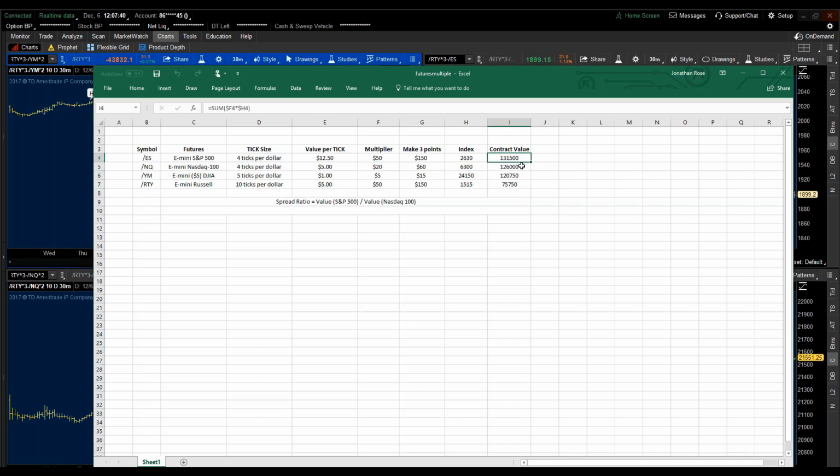But for simplicity, when we're doing ratios, anything Dow, S&P, or NASDAQ is 1-to-1, and anything to do with the Russell is going to be 3-to-2. Okay?